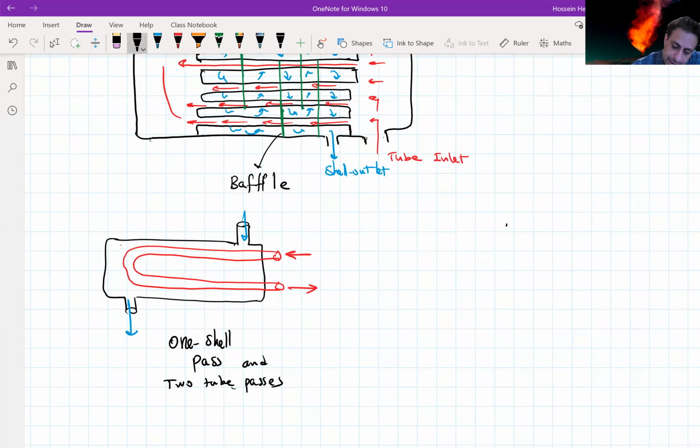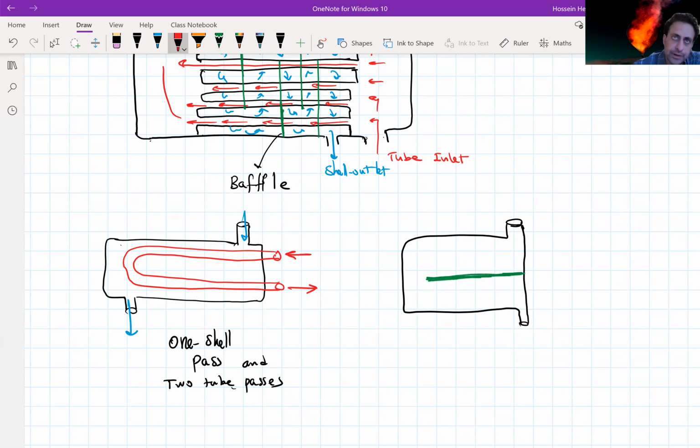So let's say we have this shell, and one of these baffles that's separating the two here. And we could have this tubing.